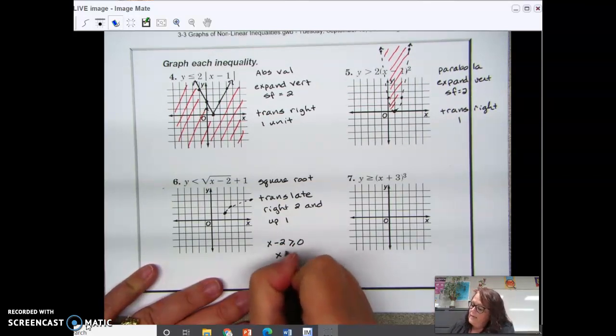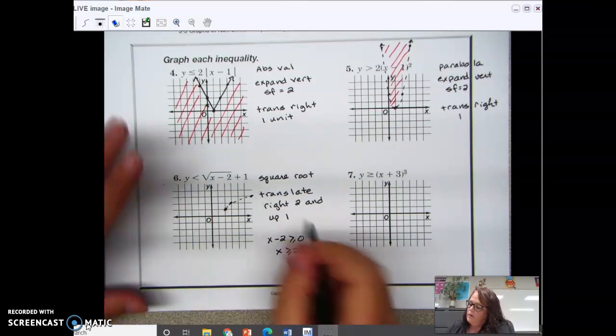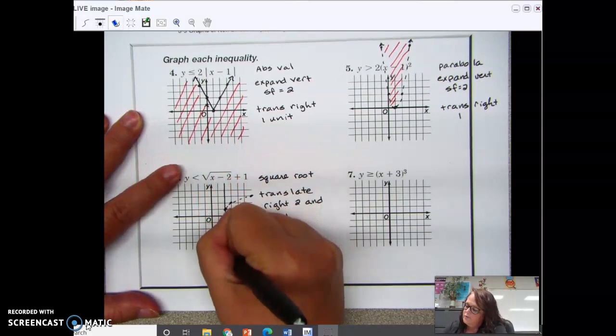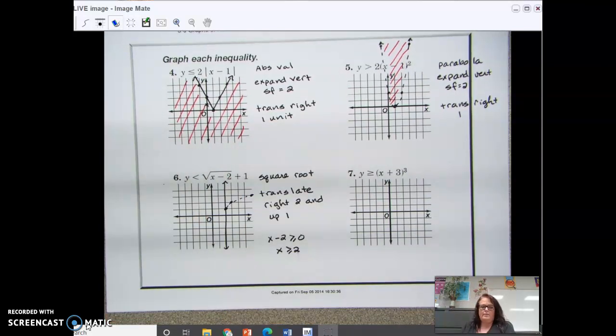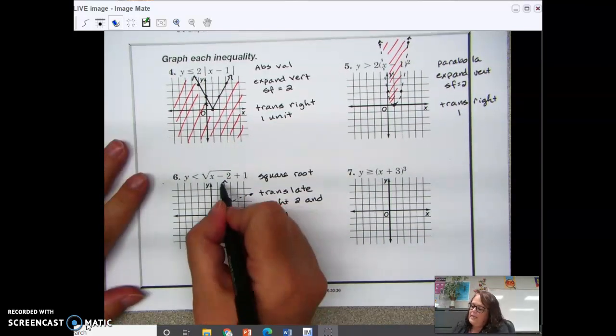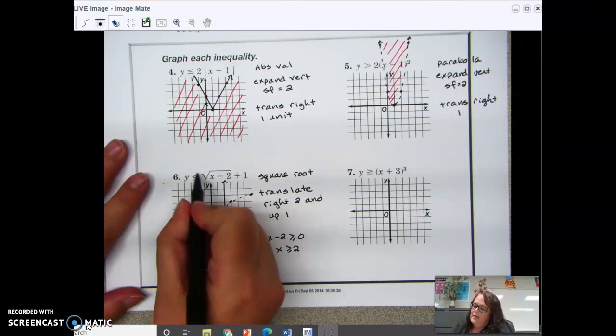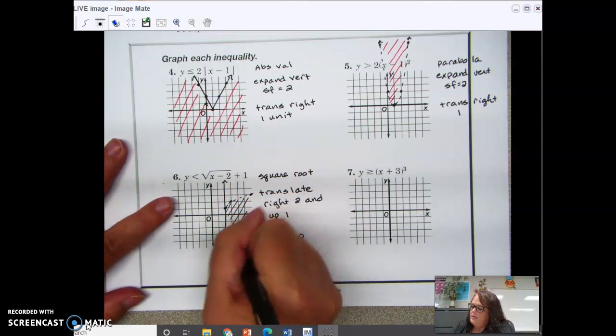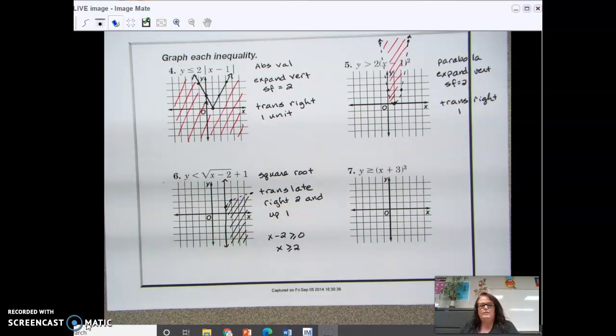So that means that x has to be greater than or equal to 2. And you'll notice that that falls right where that vertex of the sideways parabola is. So that's saying I need to be to the right of this line, and this is saying below the graph. So that means that my shaded region is going to be everything in that region right there.